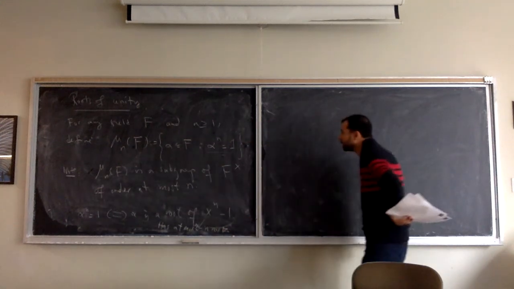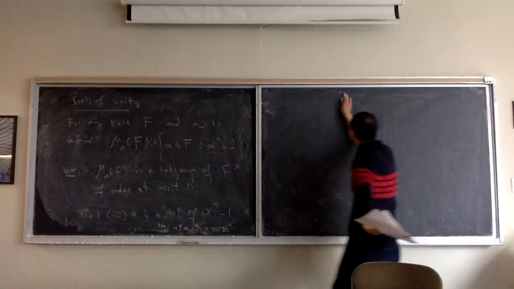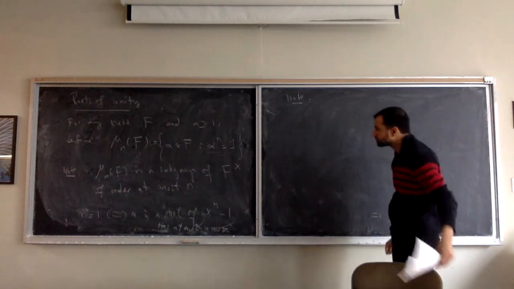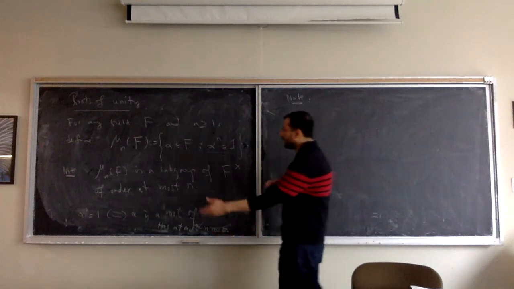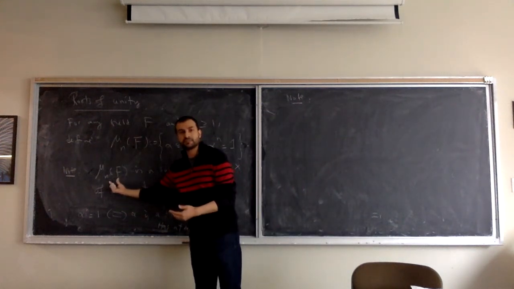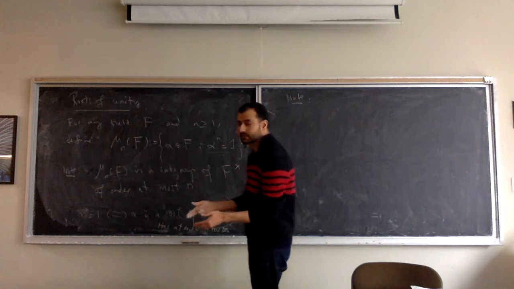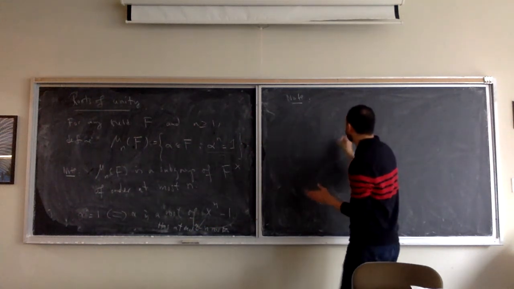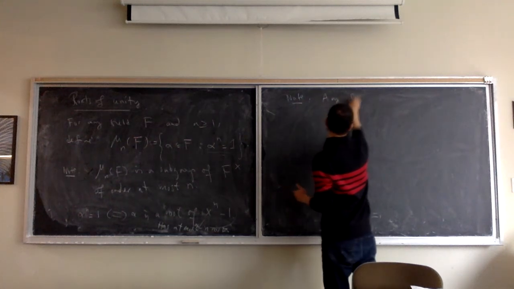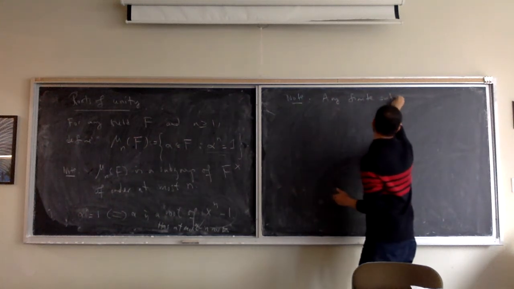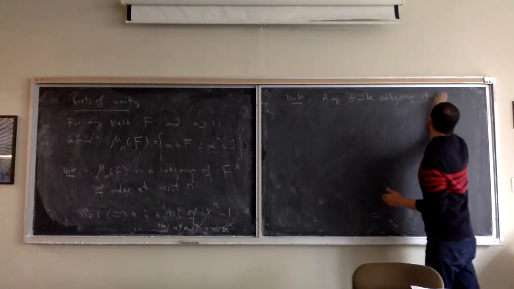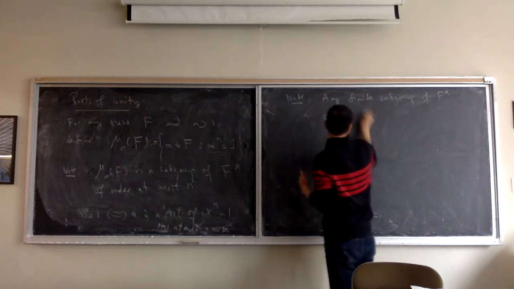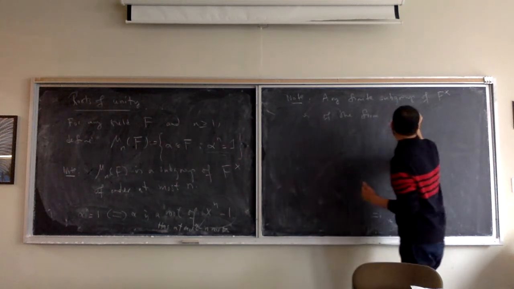And then the second observation was that, in fact, each of these mu n of F is a finite subgroup of F star. Now, in fact, any finite subgroup of F star is of the form mu n of F for some n.